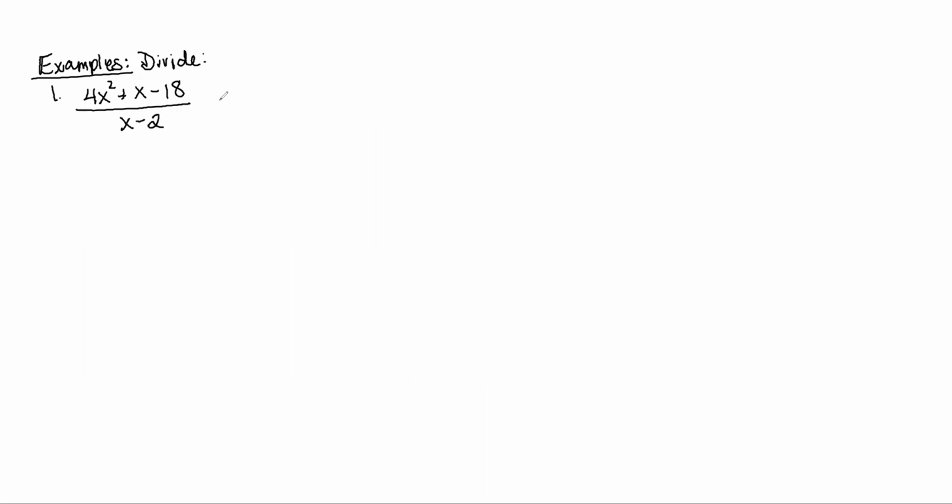Now the big thing to remember here is what we saw last time: if there's a single term on the bottom, you can split this up into separate terms and simplify each of those fractions. If there's more than one term on the bottom, you must use long division.